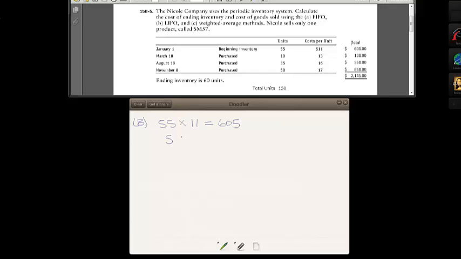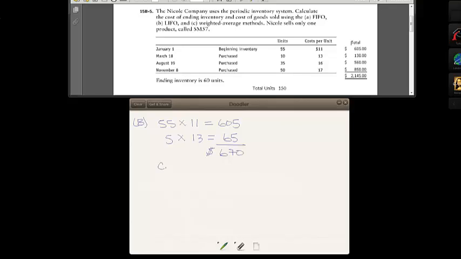So if we look on the chart above here, those were $13 each. So that's $65. Add those two together, and we get $670. That's the cost of our ending inventory, our 60 units in ending inventory.